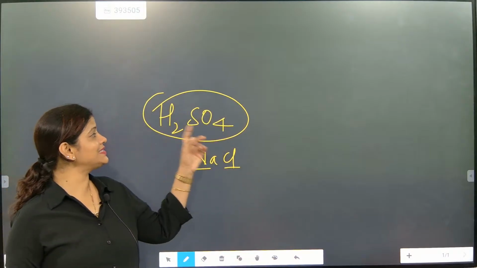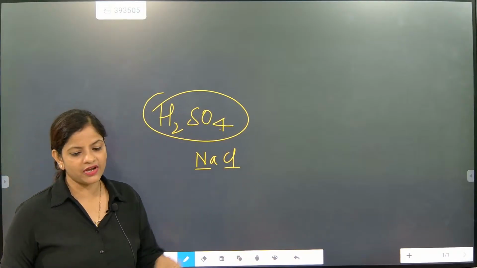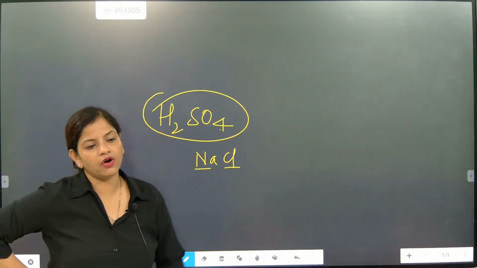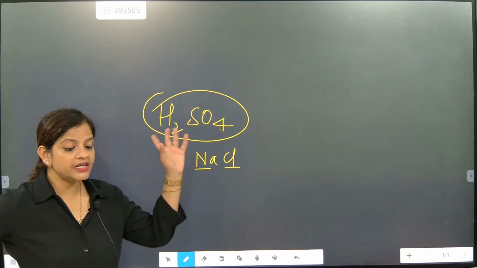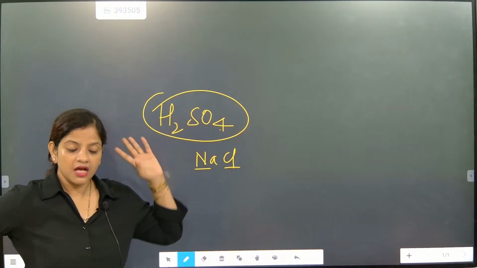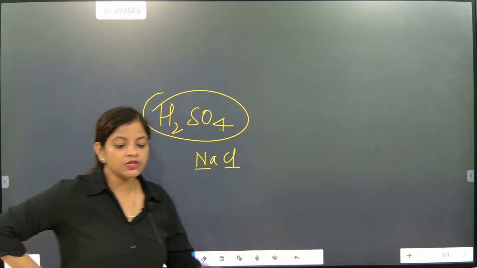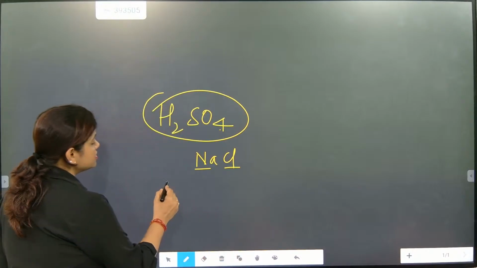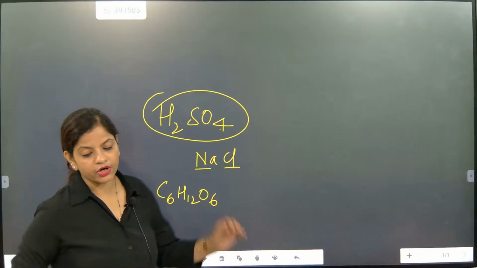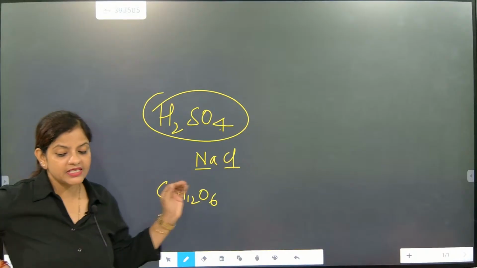Atoms are exactly 7: 4 plus 2 plus 1, 7. But how many elements are involved in that? 3 elements are involved. And what are the elements involved? Hydrogen, sulfur and oxygen. Are you understanding? So if somebody talks about glucose, then what is the answer? C6H12O6. So definitely for glucose, how many elements are combined here?